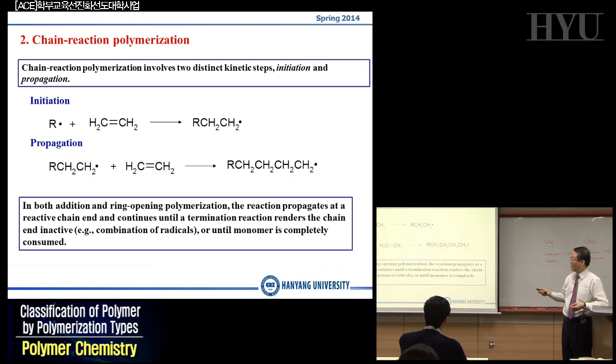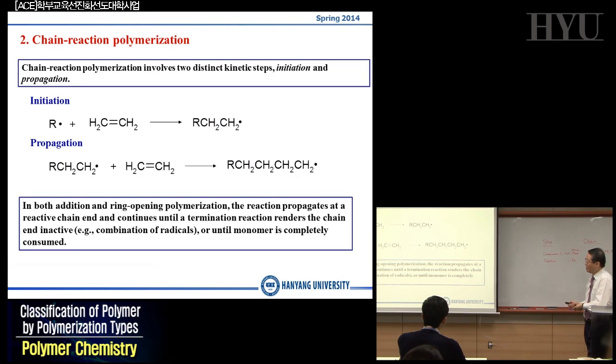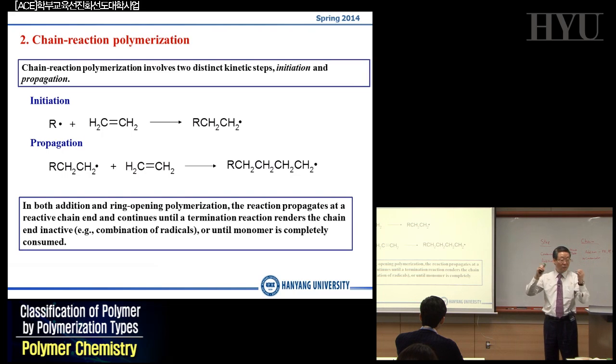So the propagation step is the determining step to make your high molecular weight components. So in both addition and ring opening polymerization, the reaction propagates at a reactive chain end, and continues until the termination reaction occurs. Okay? So initiation and propagation have radicals on both the left and right-hand side.